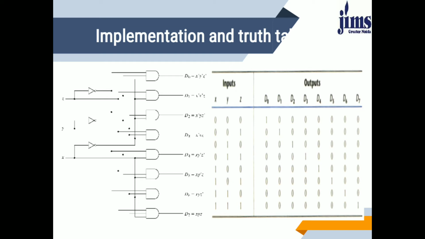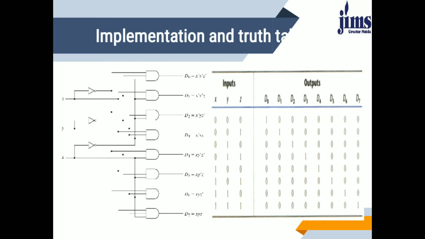Accordingly, at a time only a single output will be high and the rest of the outputs will be equal to 0. So you can see that for 000 only a single 1 is there, for D0, and for the remaining it is 0.